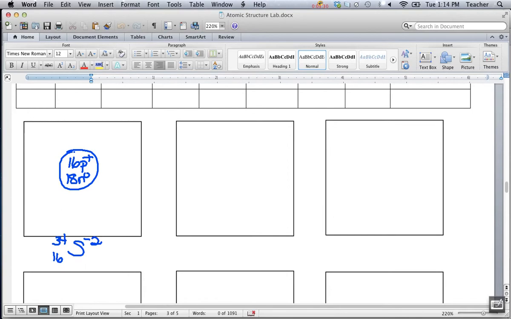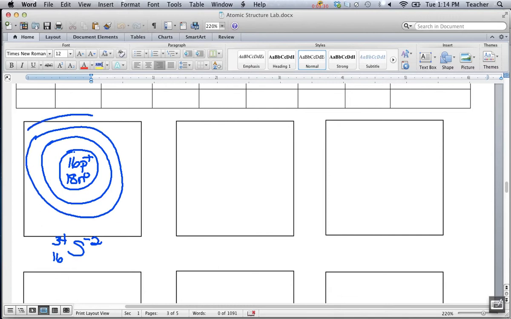Then you're going to place your 18 electrons on the rings. I'm going to draw 3 rings around here. I can't simply put all 18 on that first ring. I have to fill them in strategically. My first ring can hold 2 electrons, so that's how many I put there.